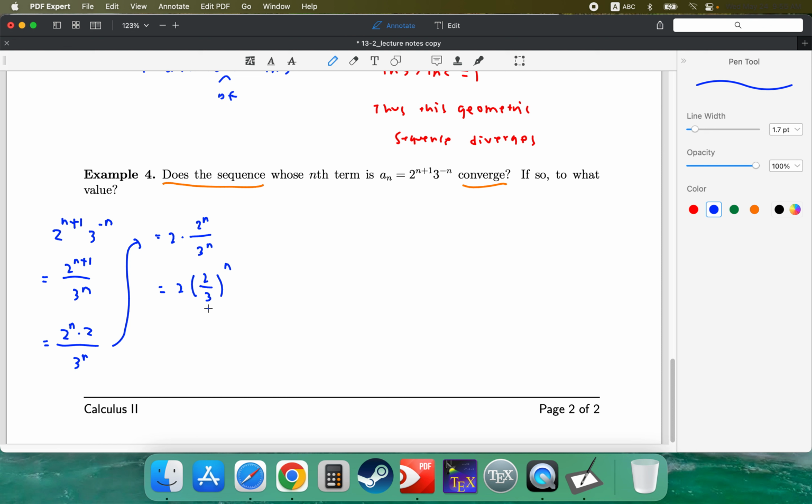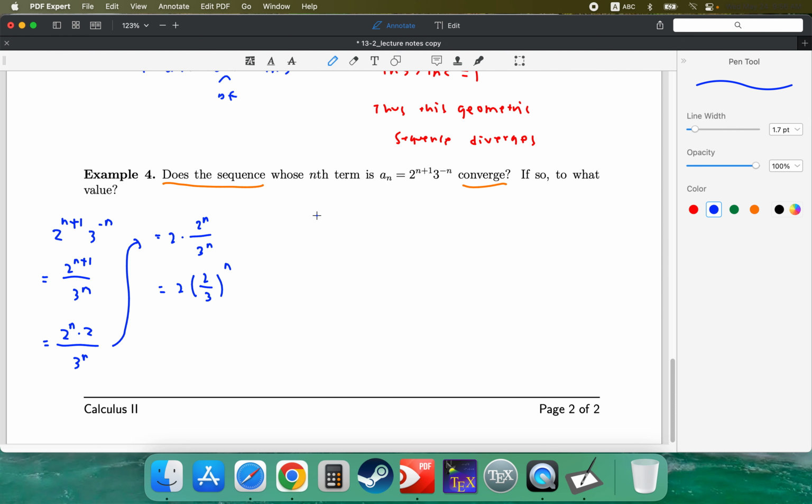Now you can see that this is a form of a geometric sequence. Every time you increase the power n by 1, you multiply by 2 over 3. So this is a geometric sequence with a ratio of 2 over 3. Does that make sense?